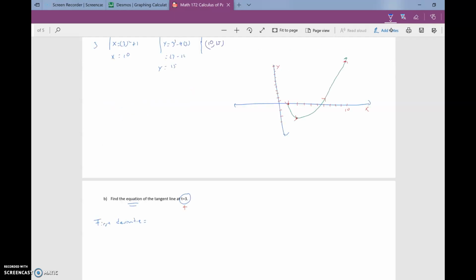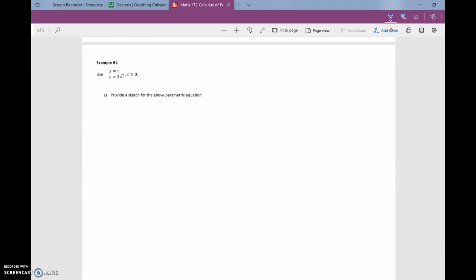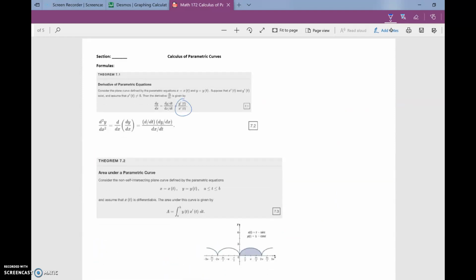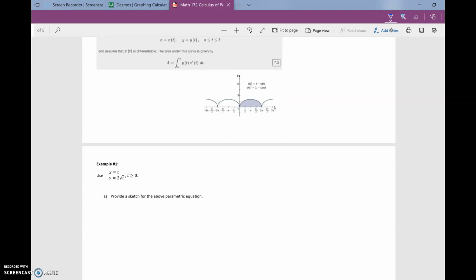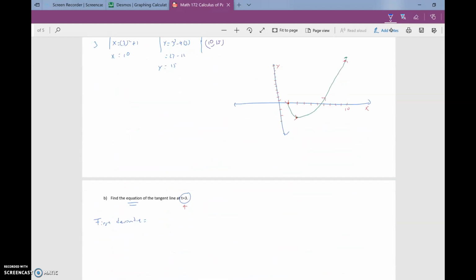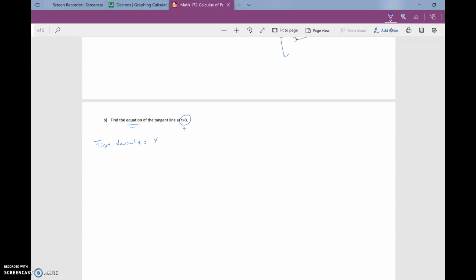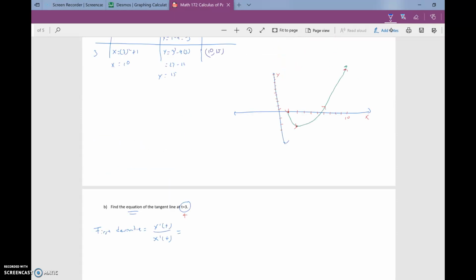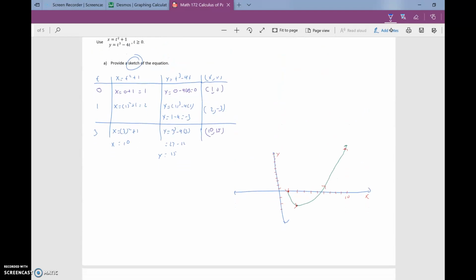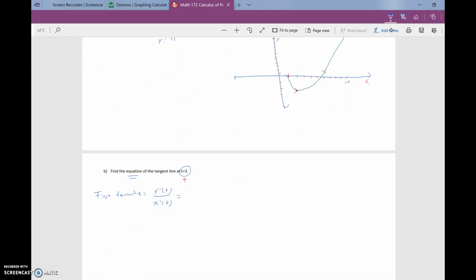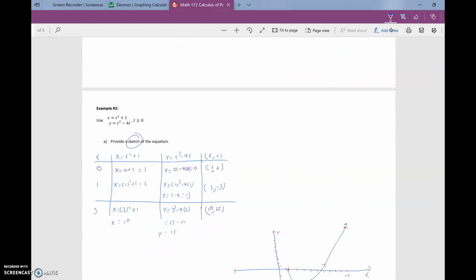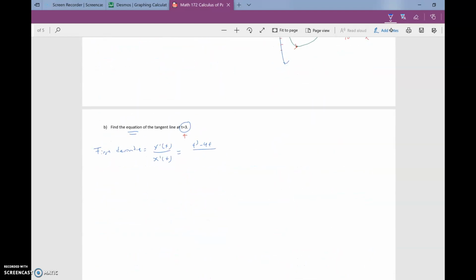So the first derivative is going to be equal to, and I'm just going to rewrite it in the final format, y prime of t over x prime of t. The y value is defined as t to the third minus 4t, and the x value is t squared plus 1.